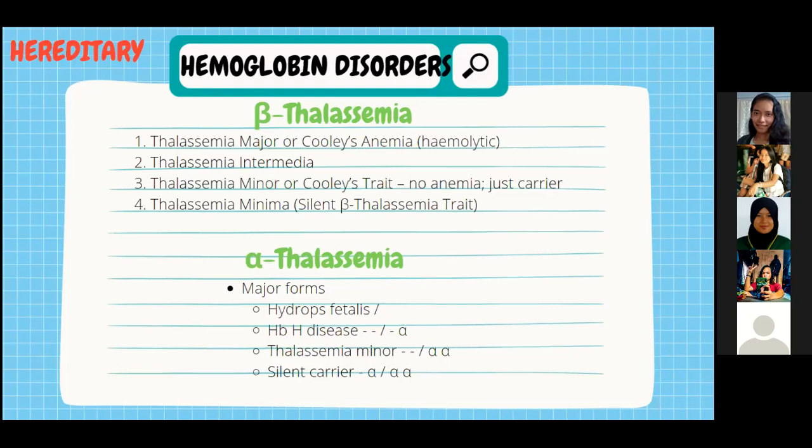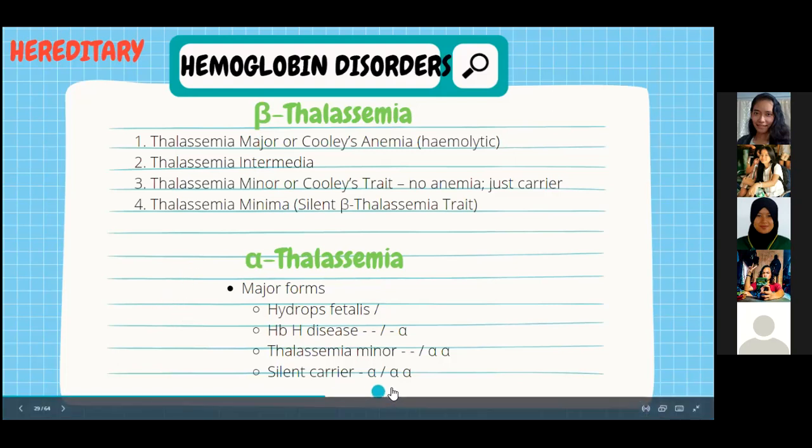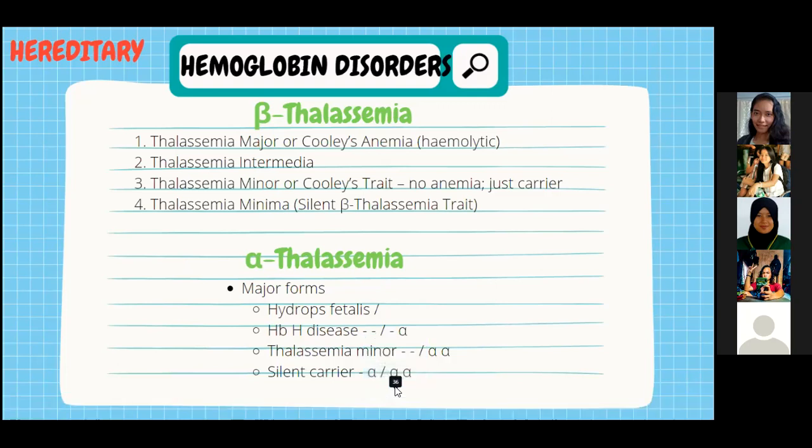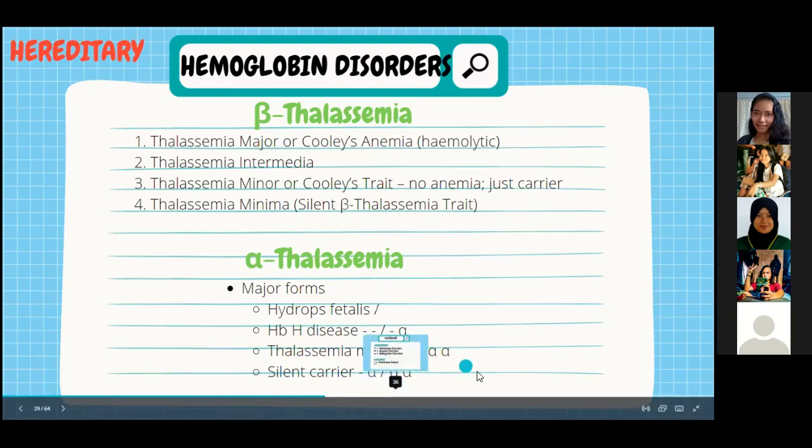Next, we have here the silent carrier, the last one. Blood tests are usually normal. Your red blood cells may be smaller than normal. From the word itself, silent, it does not show any symptoms. Being a silent carrier means you don't have signs of the disease, but you can pass the damaged gene onto your child.